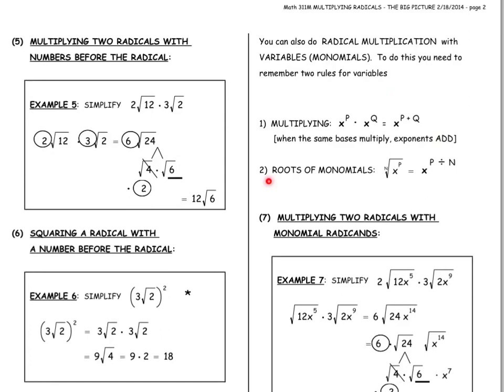And remember the rule for roots of monomials, the opposite or the reverse of power to power exponents multiply, is that root to power exponents divide. And square roots have root 2. So when we're multiplying two radicals with monomial radicands, meaning monomials inside the radical, let's check out what we do.